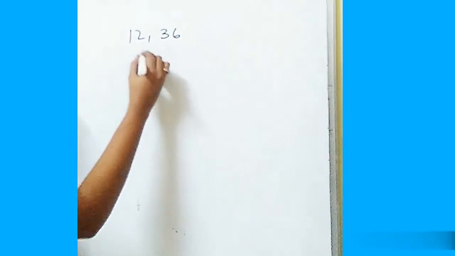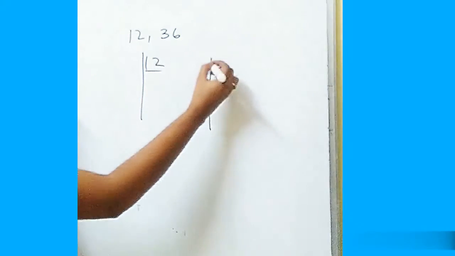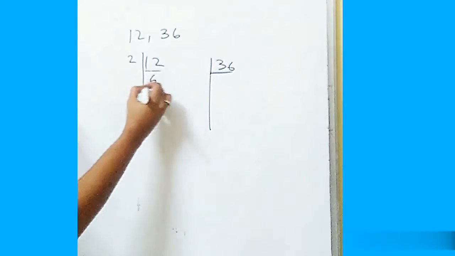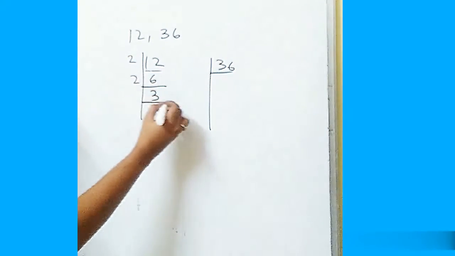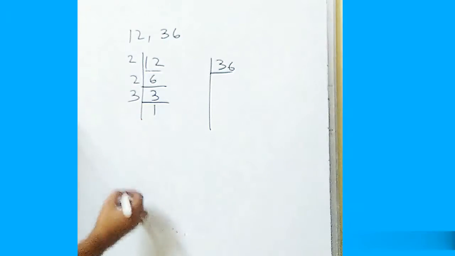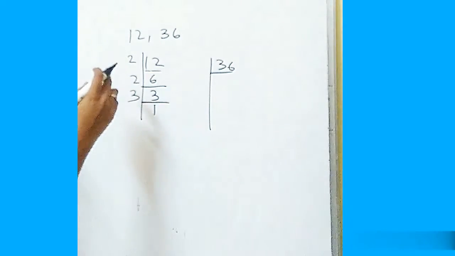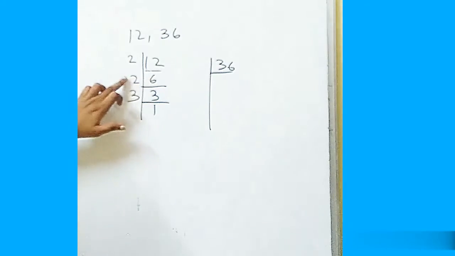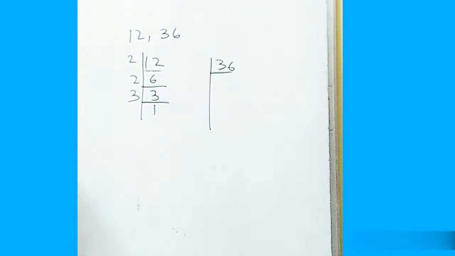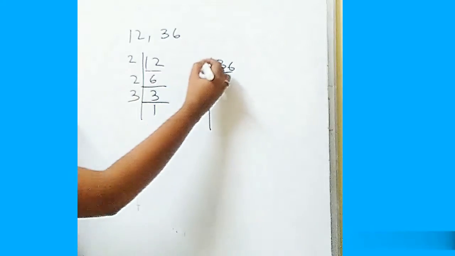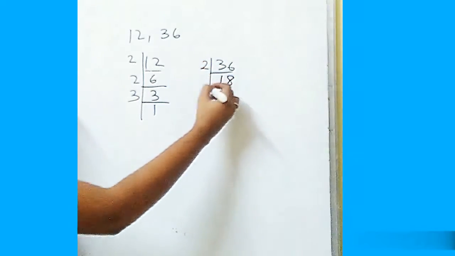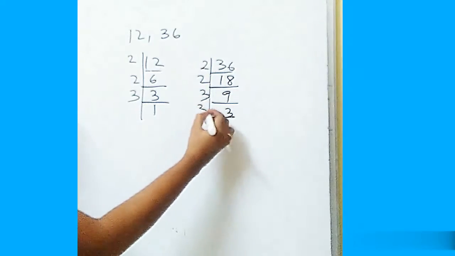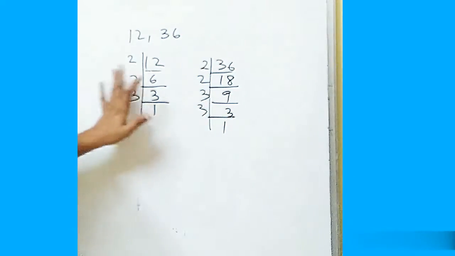Now we'll separately find the factors of 12 and 36, student. 12 comes in 2 table, 6 twos are 12, again 2 3s are 6, then 3 1s are 3. Now 2 18s are 36, 9s are 18, 3 3s are 9. We got the factors for 12 and 36.